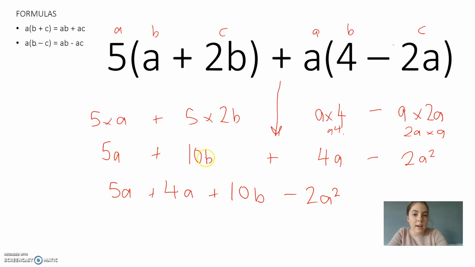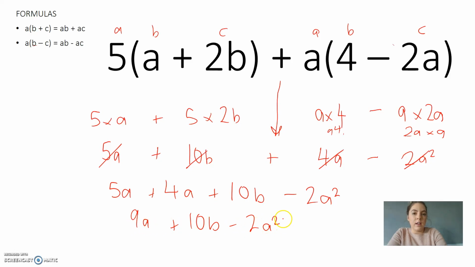When we've got quite a number of terms, we've got 4 here, sometimes it's easy to miss one. So I like to just double check and cross them off. I've got 4A, 10B, and making sure that's the minus that we've got over that side, and the 2A squared. So I'm going to go along, yep, all the terms have been accounted for. I then notice that these ones are the same, so I'm going to do 9A plus 10B minus 2A squared.